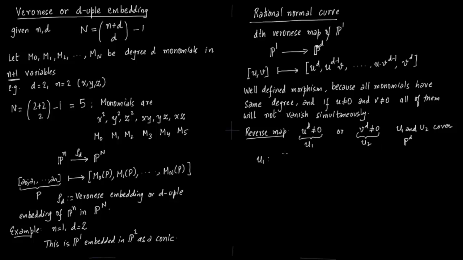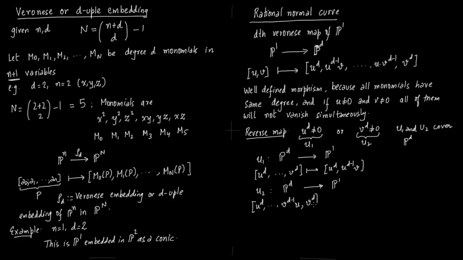So first, acting on set u1, we have a map from PD to P1. So you just take the first two coordinates here, U D comma U D minus 1 V, and on u2 again we have map from PD to P1. So notice that we deliberately pick up the coordinate which is non-zero, so as to avoid both coordinates to become 0.